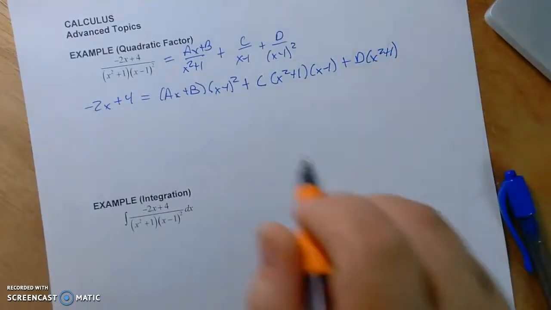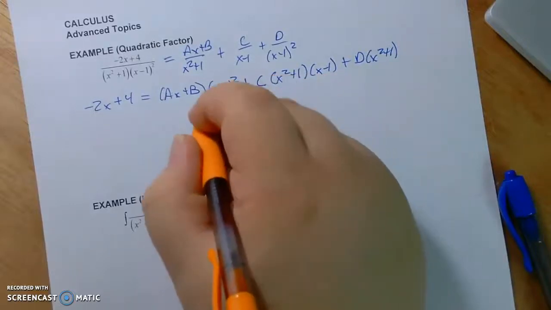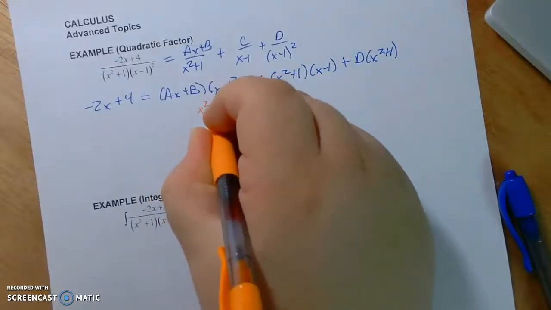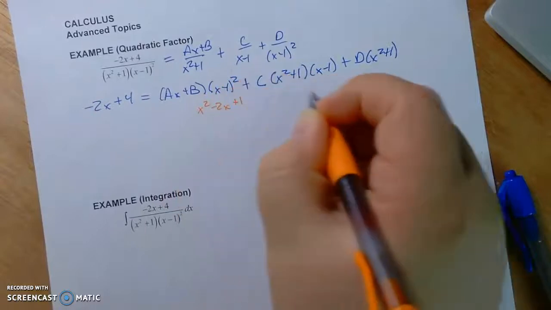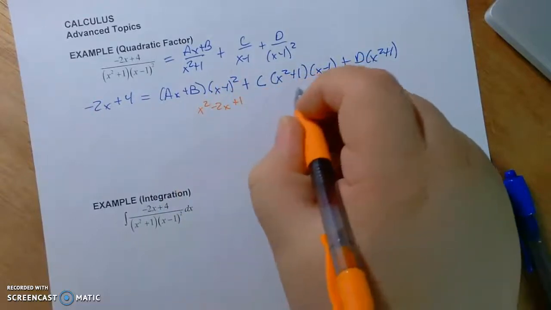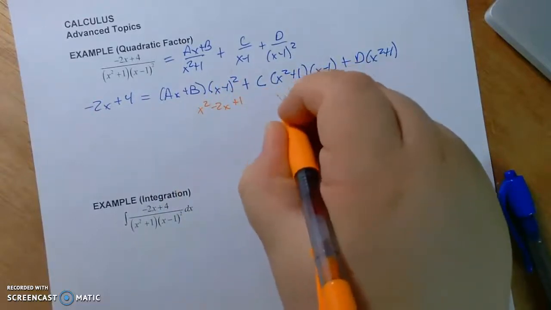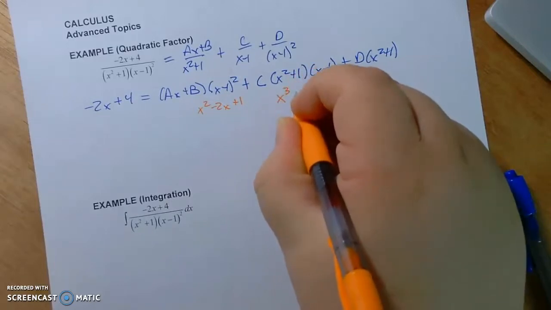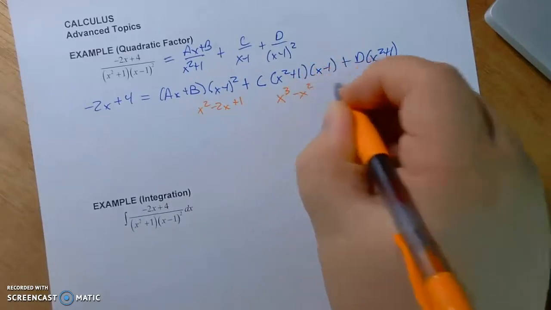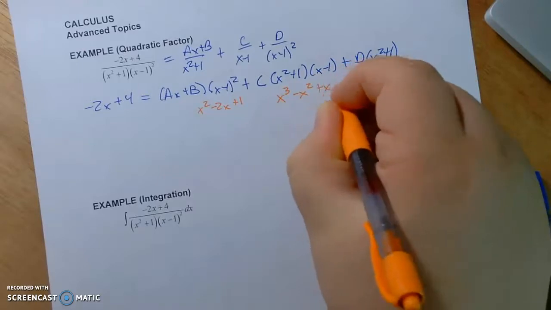Well, let's do a little bit of foiling here. We have x squared minus 2x plus 1. This would be, oh goodness, x cubed minus x squared plus x minus 1.